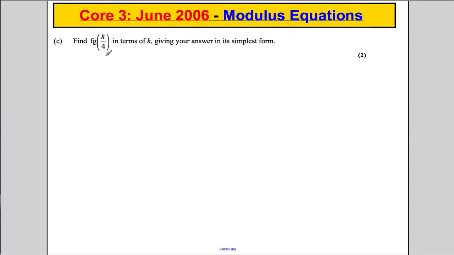Find f of g of k over 4 in terms of k, giving your answer in simplest form. Probably the easiest thing to do is to work out g of k over 4 first.